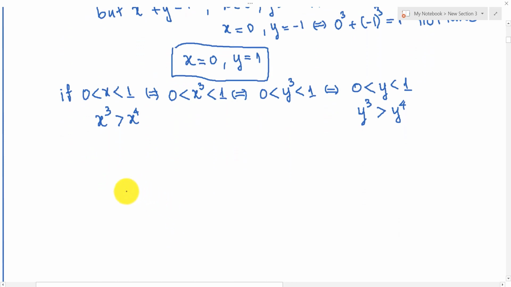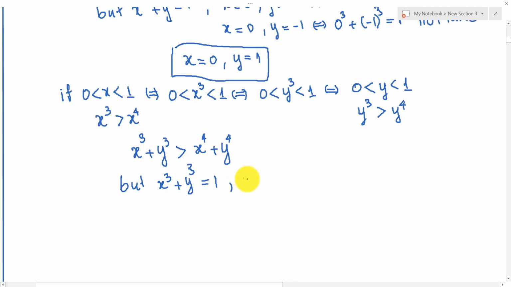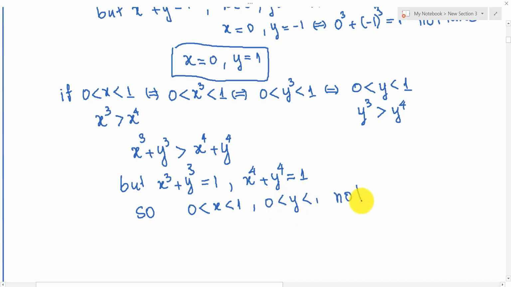From this we get x^3 + y^3 is bigger than x^4 + y^4. But x^3 + y^3 is equal to 1 and x^4 + y^4 is equal to 1. So 0 smaller than x and smaller than 1 and 0 smaller than y and smaller than 1 is not taken.